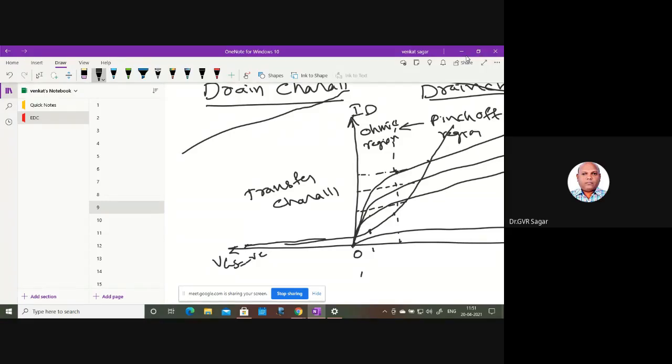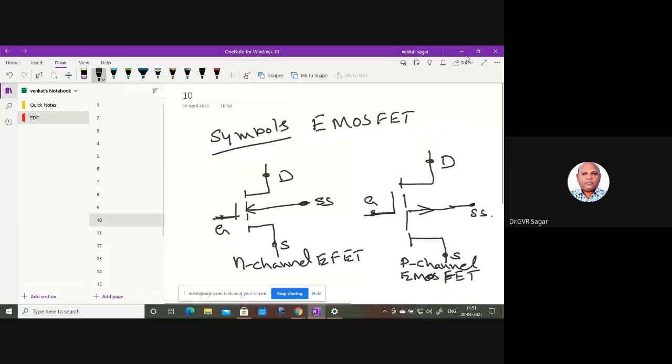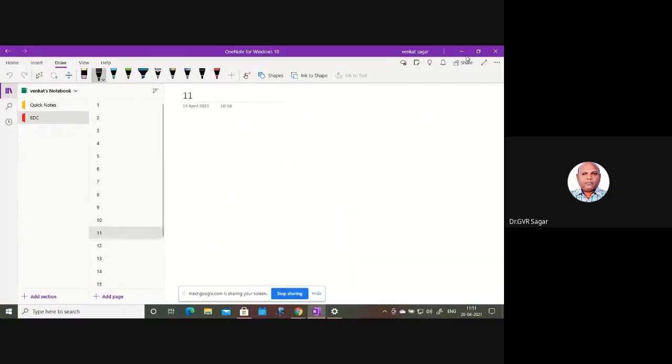And the current equation also we have seen, right? This current equation is applicable for all the FETs, the FET current equation. So for the FET current equation, what is given?